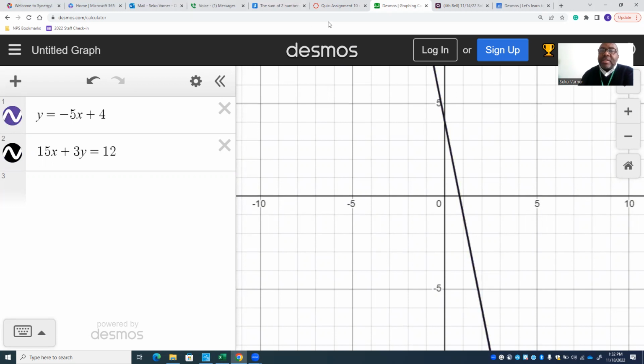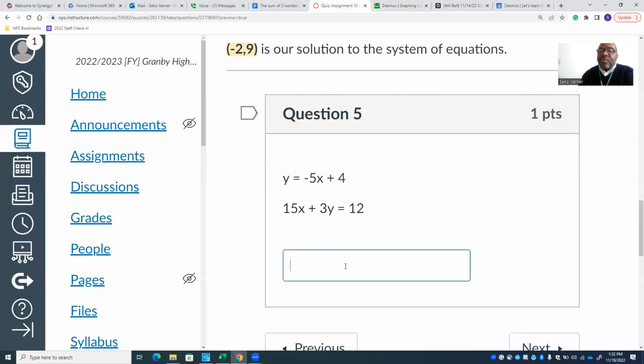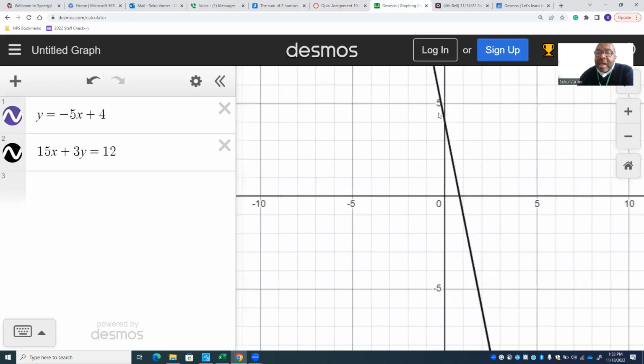Since they're right on top of each other, the answer is going to be infinite solutions, because they are touching at every point on this line, and the line goes on forever and ever. These lines continue touching forever.